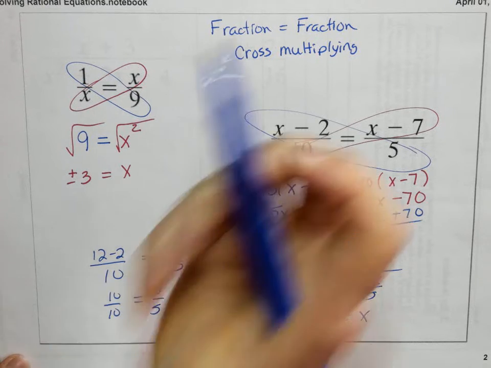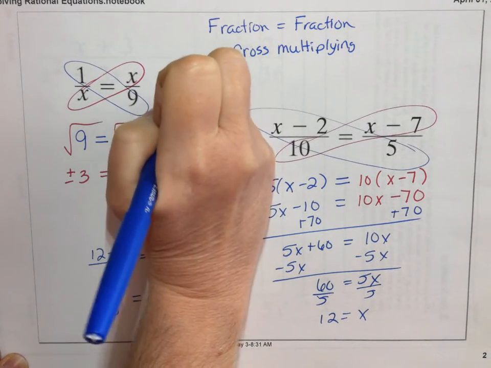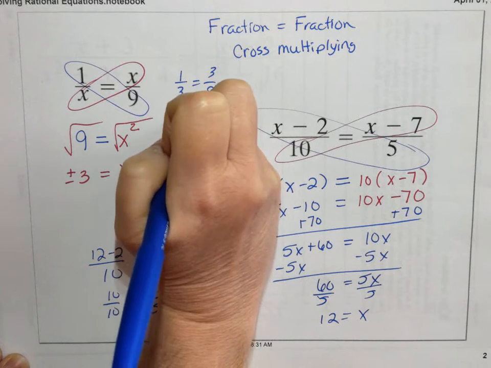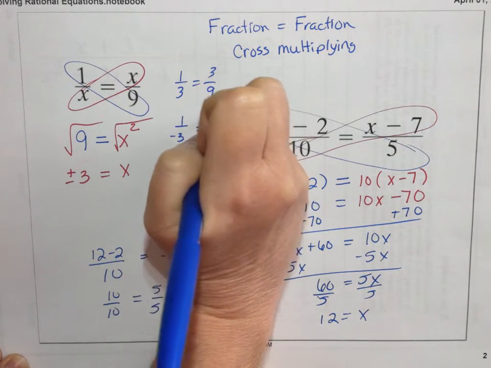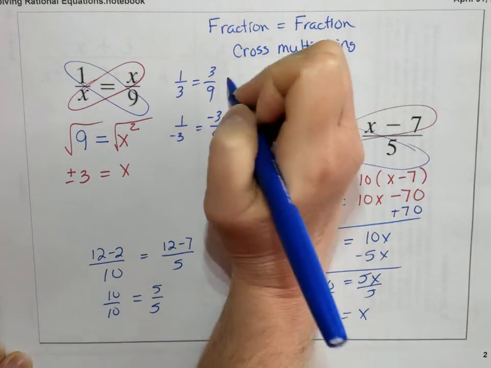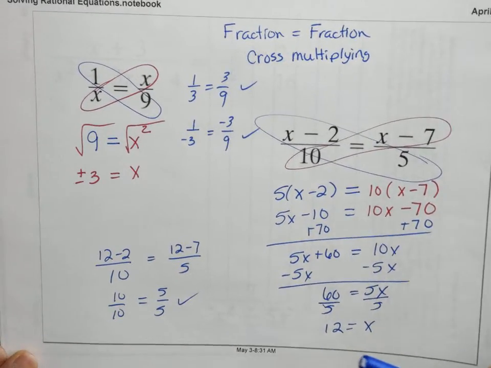Why didn't I check the last one? I don't know, because I was lazy. So this one would say 1 over 3 is equal to 3 over 9. That's true. Is 1 over negative 3 equal to negative 3 over 9? Well, it sure is, so we're okay. They all check out. We just need to remember to check our answers.